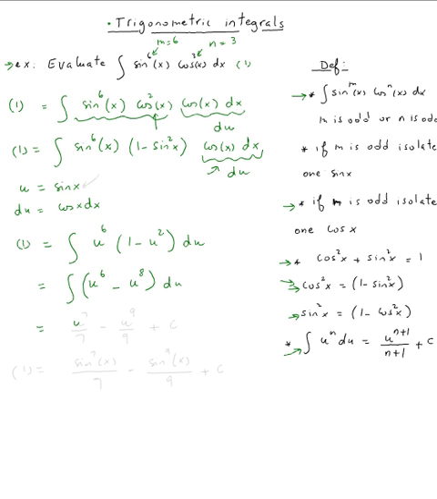So this becomes u to the 6 plus 1, which is 7, over 7, minus u to the 8 plus 1, which is 9, over 9, plus constant, and then I go back and substitute sine x for u. So this will be sine to the 7th of x over 7 minus sine to the 9th of x over 9 plus c, and I'm done.